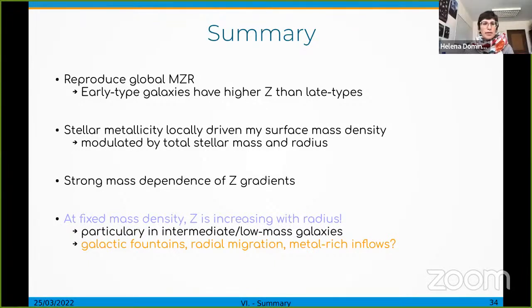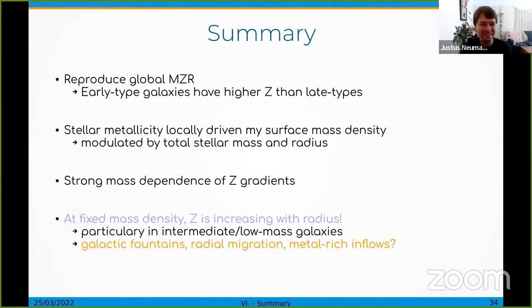I see Mar Mezcua has her hand raised. Yes, hi, Justus. This is Mar Mezcua. Very nice talk, thank you. I have a couple of questions. First of all, have you studied whether there's any dependence of these relations on the presence of AGN and on environment?